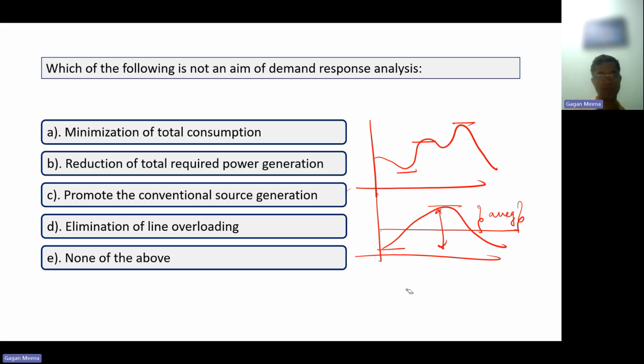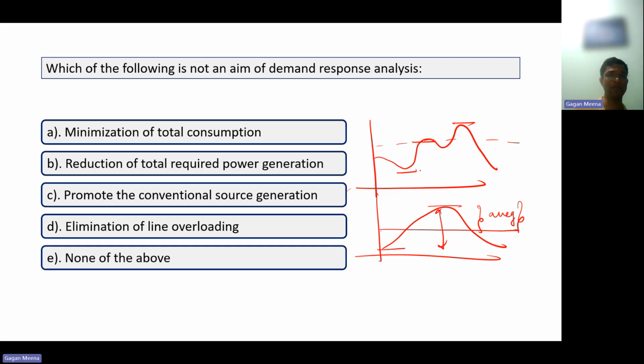That means we want the load curve to be flat, because if the average demand is like this, only for these few hours we require this capacity, which would otherwise be unutilized. So its utilization factor or the plant load factor is quite low, and which is not economical.